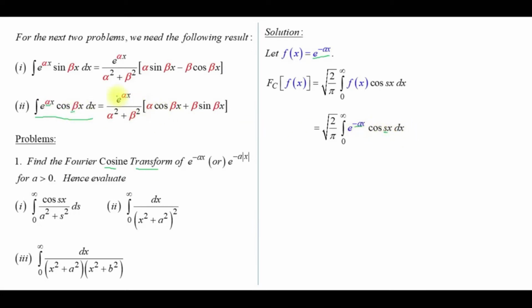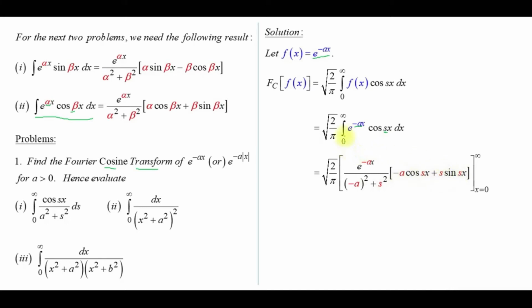So the formula gives e power minus ax divided by minus a the whole square plus s square, into minus a cos sx plus s sin sx. So square root of 2 by pi into e power minus ax divided by minus a whole square plus s square, into minus a cos sx plus s sin sx.